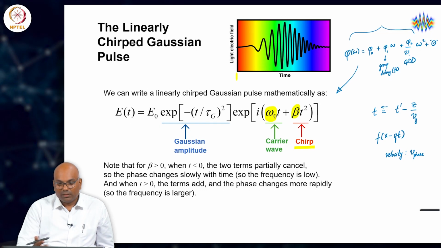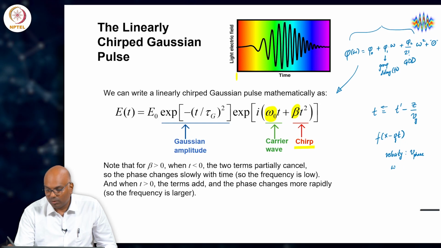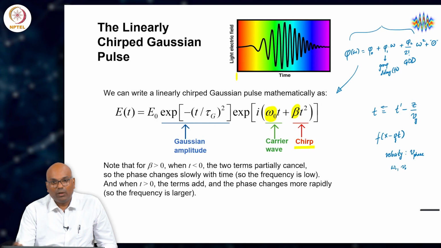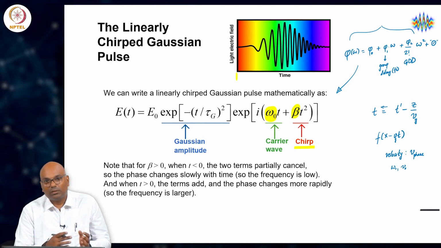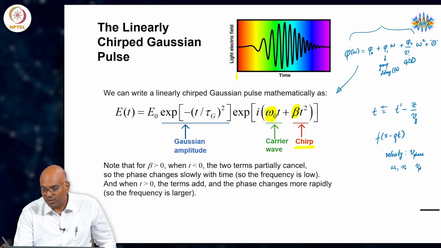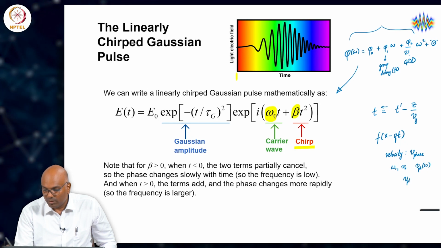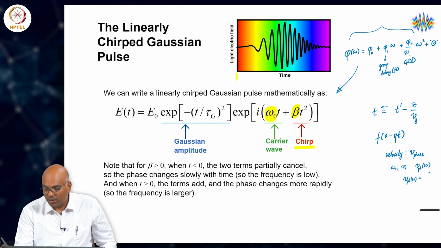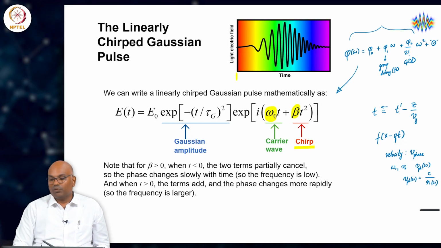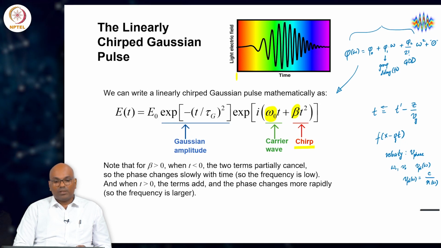Now, here there are a group of frequencies centered about omega naught or nu naught, and they all are moving with their individual phase velocities, which are a function of omega, because v phase is the in vacuo speed of light divided by the refractive index, which is a function of omega. This would be the phase velocity of these individual frequencies in a material medium.